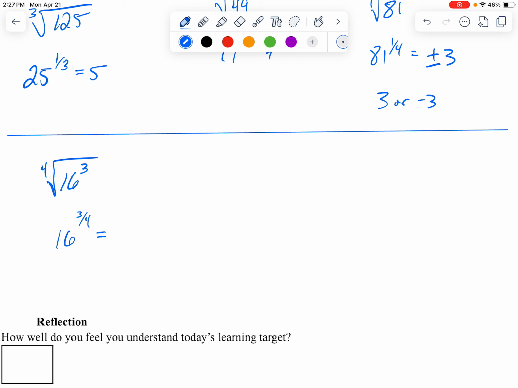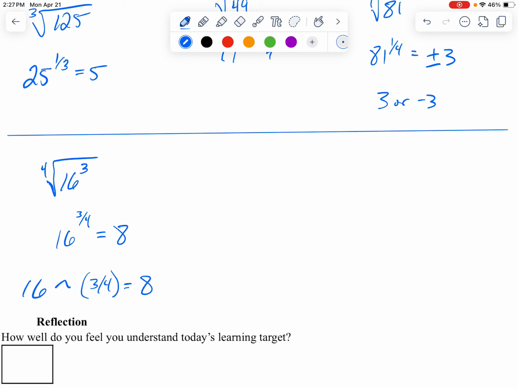So you're going to want it like this, where you put this as a fraction, and when you do, you should get 8. So in your calculator, you're going to want to do this, 16, and then you've got your caret in parentheses, 3 divided by 4, and that will give you 8.